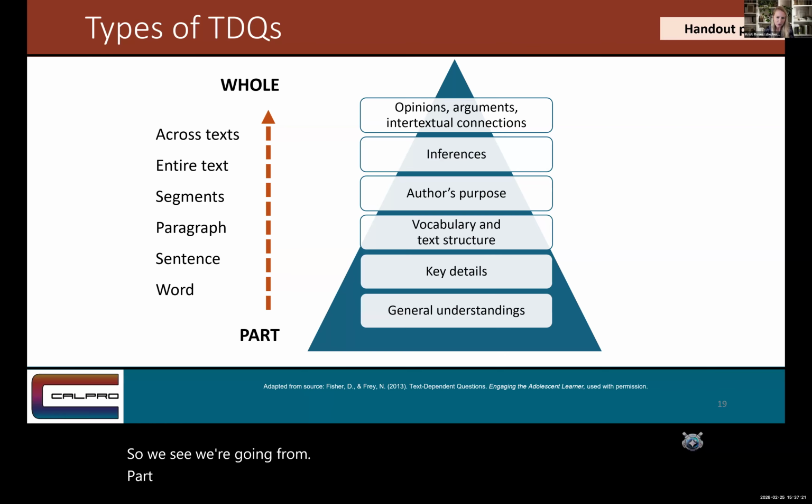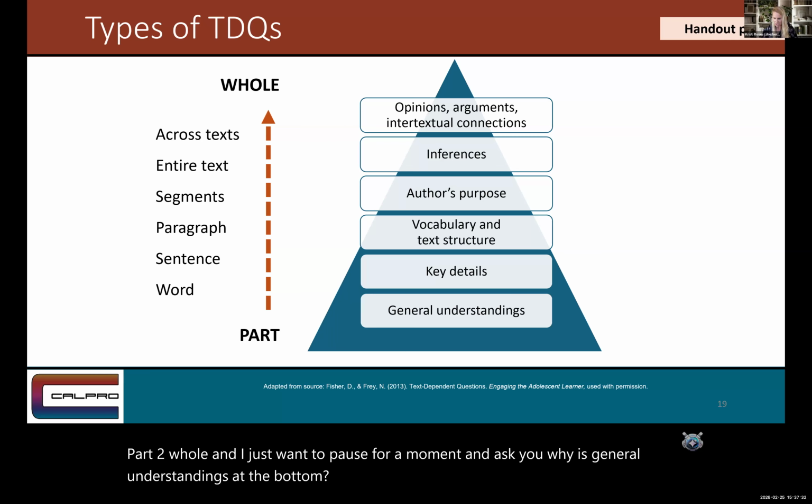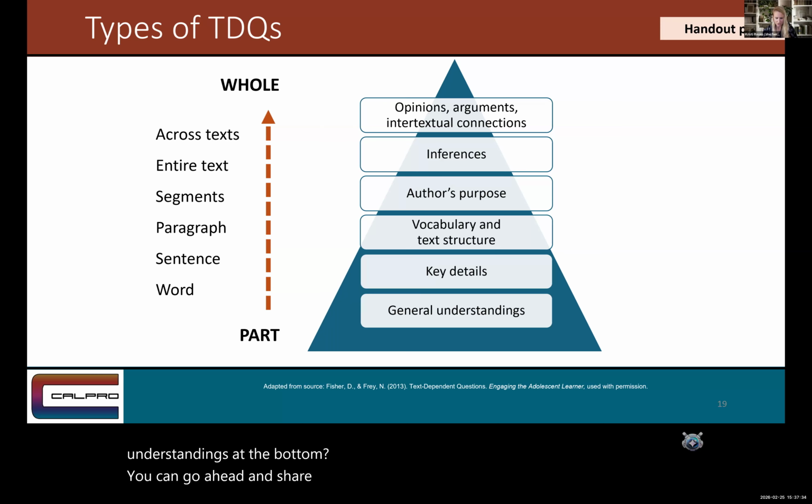And I just want to pause for a moment and ask you, why is general understandings at the bottom? You can go ahead and share in the chat. Why would you think general understandings is at the bottom?